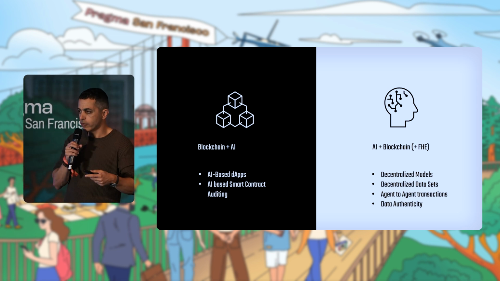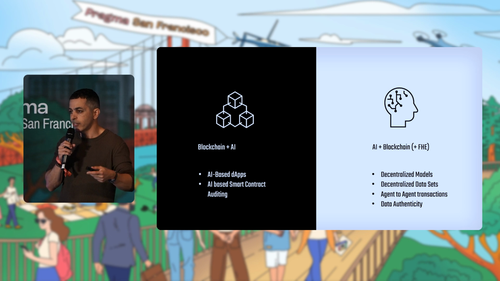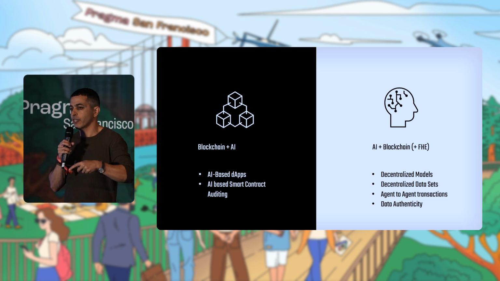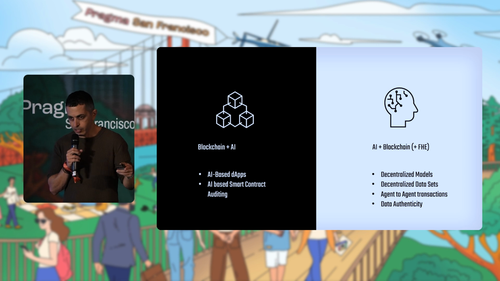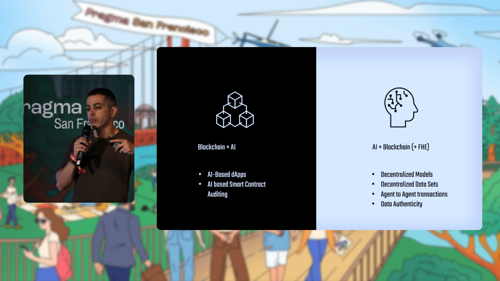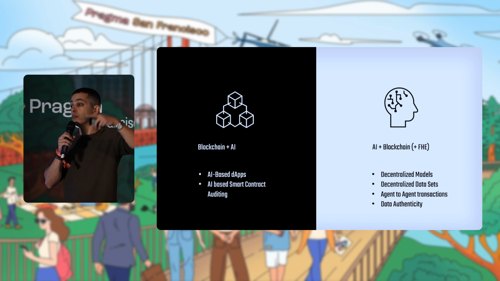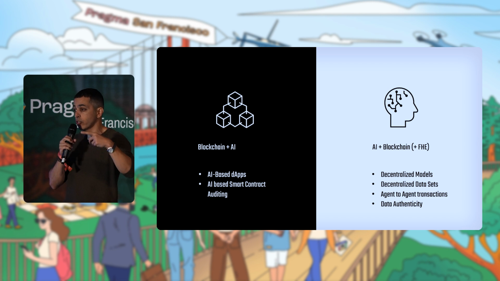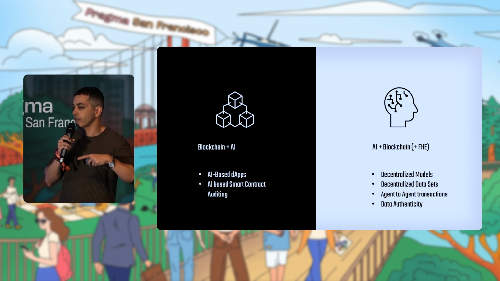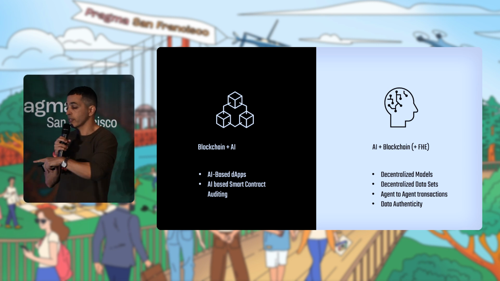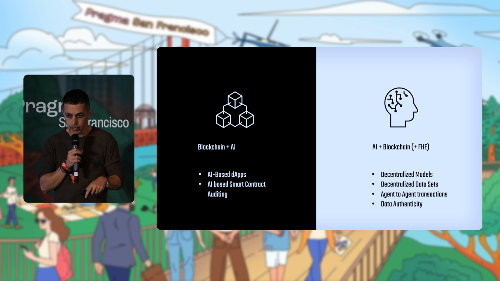How do you build the models? How do you bring data, which is private data, but you can still put it on chain and use that? That's a vehicle that will become super interesting about either making the models decentralized, but also making the models better by bringing data that you cannot bring today because the data that you have is private. So how do you bring the data on chain, and how do you use that to train the models? FHE will play a significant role in that space as well.